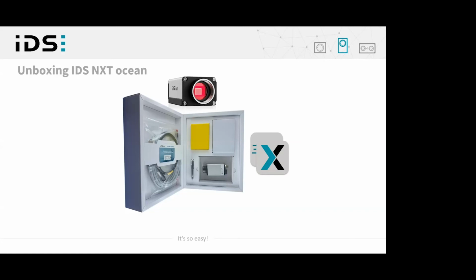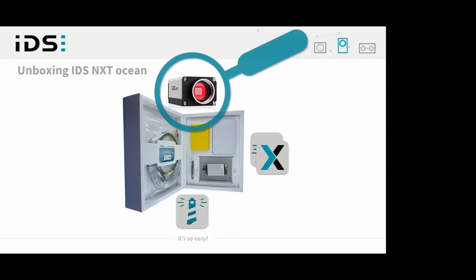Today in this session, we majorly will focus on IDS NXT Cockpit and IDS NXT Crawler. And last but not least, there is a voucher included to access the IDS NXT Lighthouse service, our IDS training service for neural networks. And now we will have a closer look at the single components. And we'll start with the camera.